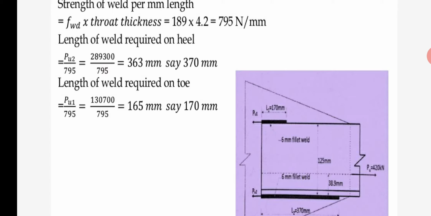Same for the toe: PU1 divided by the strength of weld per mm length. The strength of weld per mm length is 795 and PU1 is converted into Newton, so Newton cancels out and we get the answer in mm, the length of weld. For the toe we calculate 165 mm, and converting to a round figure, 170 mm length.